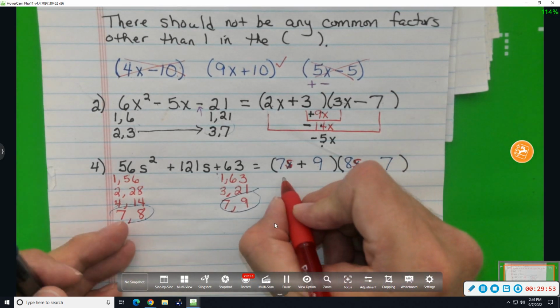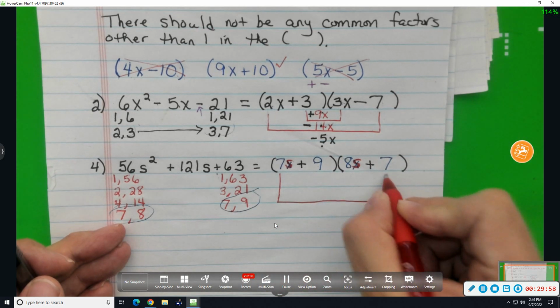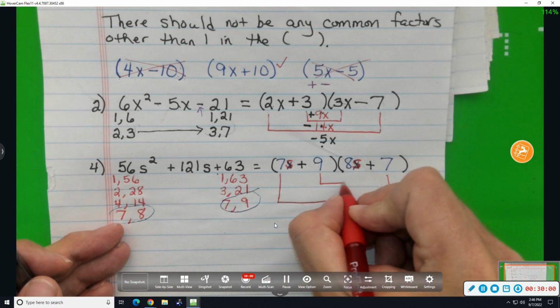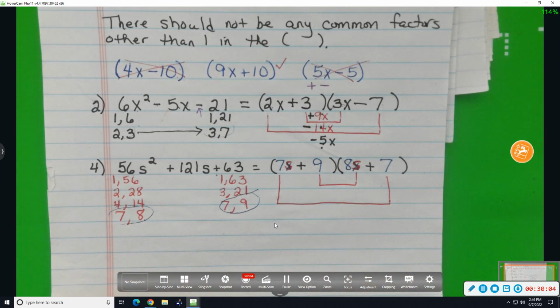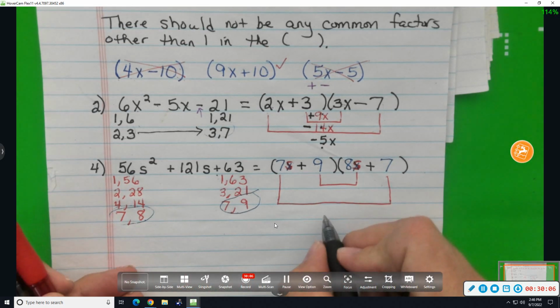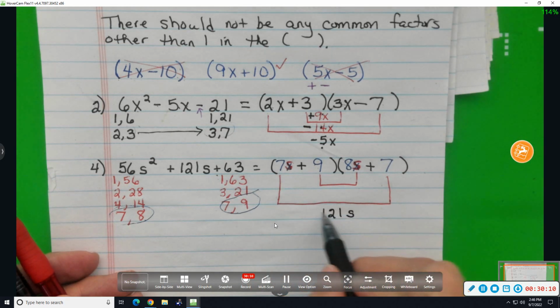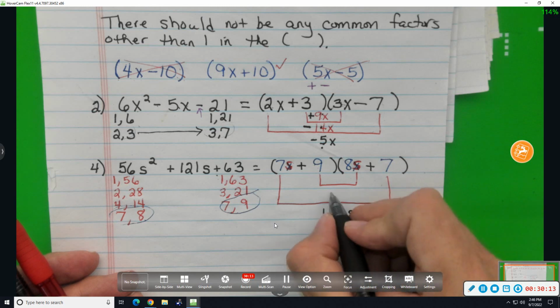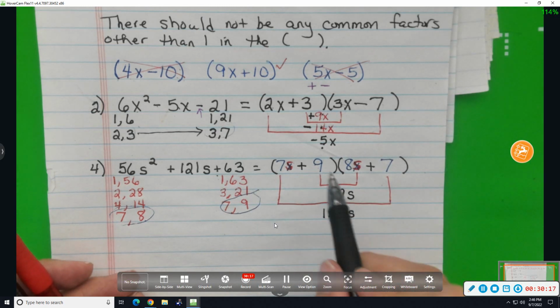I'm going to make my little outer and inner marks to see if these things will add together to give 121s. You see the outer 7s times 7, that's a 49s. And what about the inner?